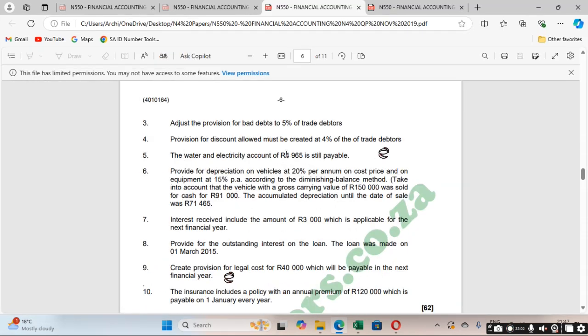And then for depreciation, I'm sure you know how to handle all types of depreciation. Take into account that the vehicle with a gross carrying value of 150 was sold for cash for 90,000. Okay. Cumulative depreciation until the date of sale was okay.